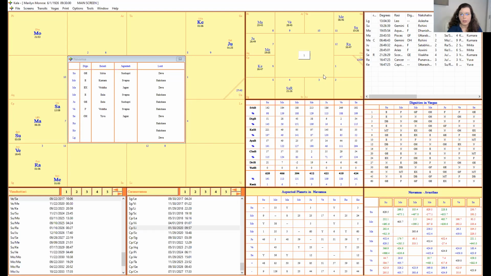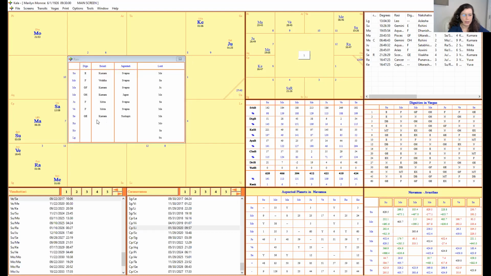So this is kind of how we can analyze the Navamsha chart and really look at the indications that are present here. And we can also consider the dignity, how it changes. For example, Venus is in friendly dignity in the Rashi chart, and in the main Navamsha chart, it's also in friendly dignity. So this Venus is kind of consistent in its dignity there. But we could see, for example, Saturn.